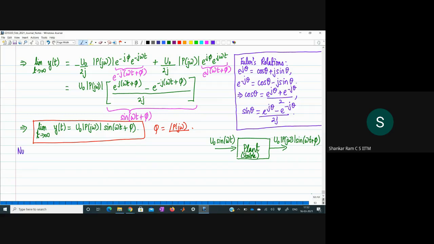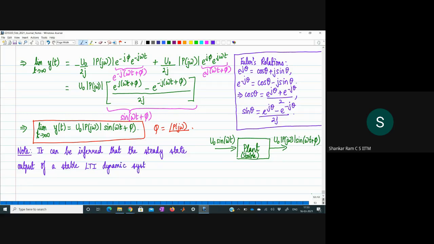So what is the important note? It can be inferred that the steady state output of a stable LTI causal dynamic system in response to a sinusoidal input is also a SINUSOID, I'm writing this in caps, of the same frequency as that of the input.